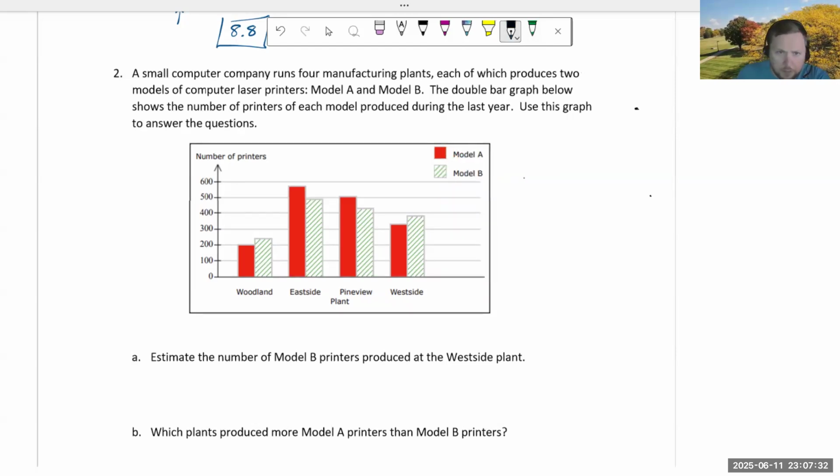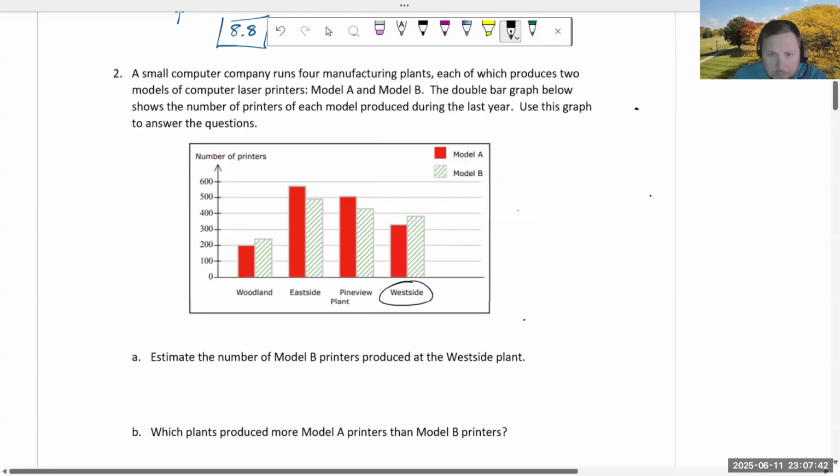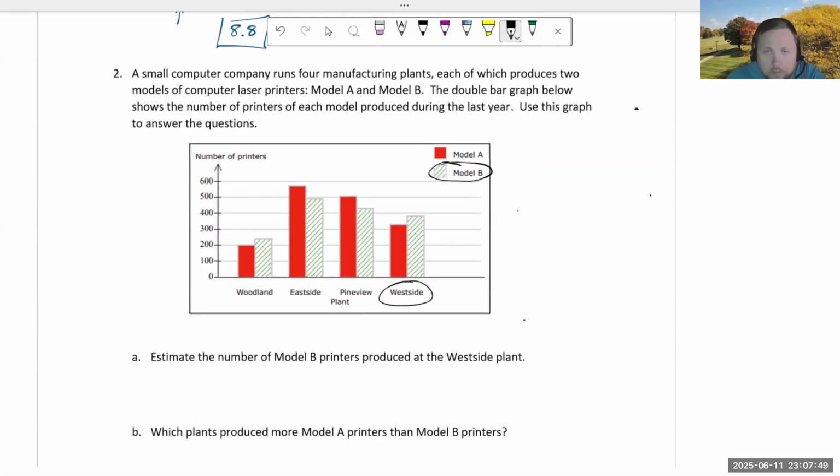It says estimate the number of Model B printers produced at the West Side plant. Here's the West Side, and Model B is the one with the slanted lines.